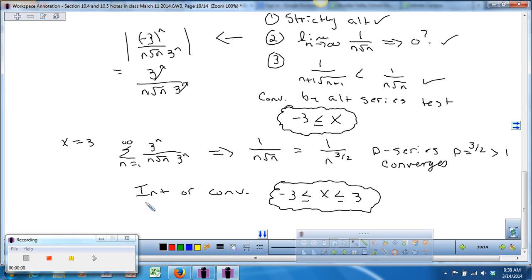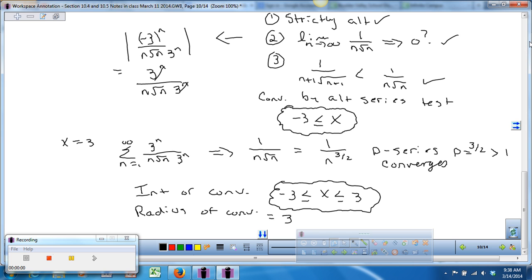What about our radius of convergence? Half of that distance. And what would that equal?